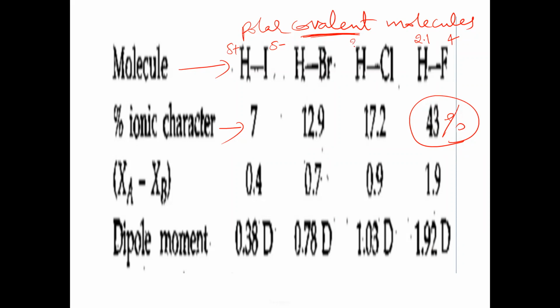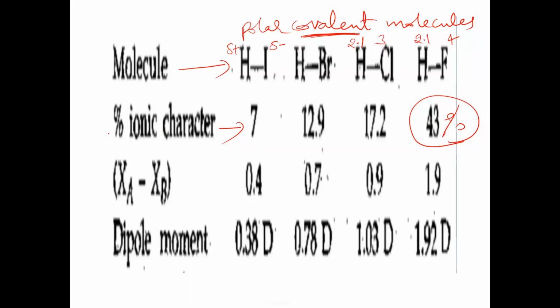Here hydrogen has 2.1 electronegativity, chlorine has 3, so the difference is 3 minus 2.1. Here it is 4 minus 2.1. The more the electronegativity difference, the more the percentage of ionic character. Is that clear?